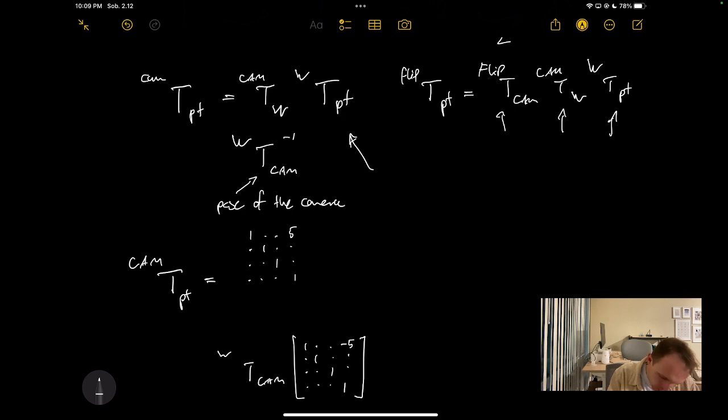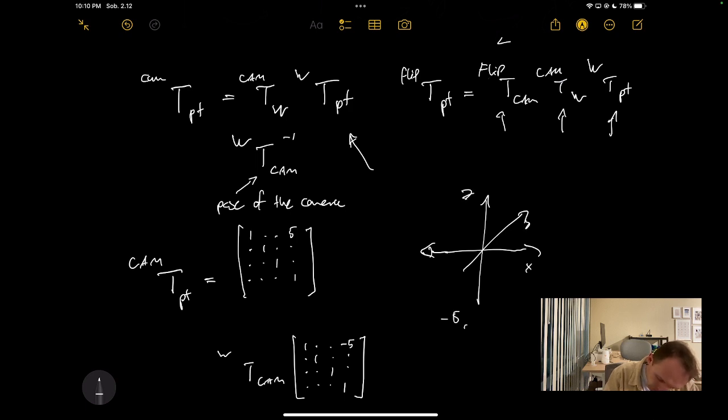1 1, and why it's like this: if we have our coordinate system, then our camera is over here at -500, right, sort of bird's eye view, X and then Y, and then camera is here looking in this direction. So what's the position of this point in this coordinate frame?